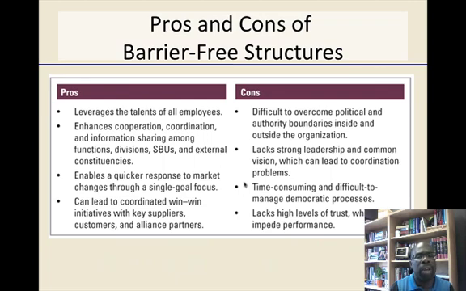As you can see, one of the clearest advantages of barrier-free structures is to provide opportunity for all employees to use their talent in the organization. At the same time, if you look at one of the disadvantages, it is something that deals with time and the ability to create a democratic process in how things are done in the organization.